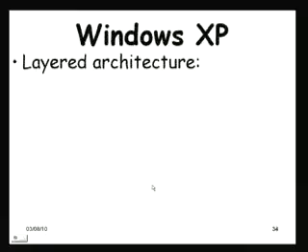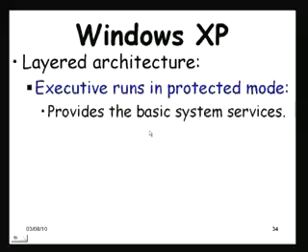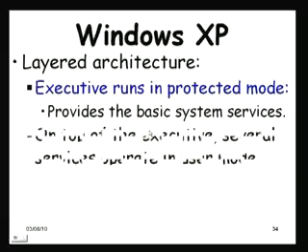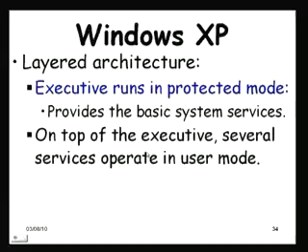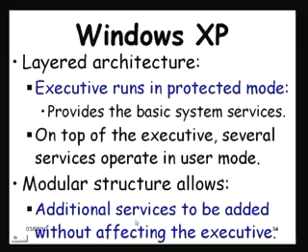Now, let us look at the XP, a derivative again of the NT. It is a layered architecture. The executive runs in protected mode just like the NT and provides the basic system services, and on top of the executive several services operate in user mode, and additional services can be added without affecting the executive.